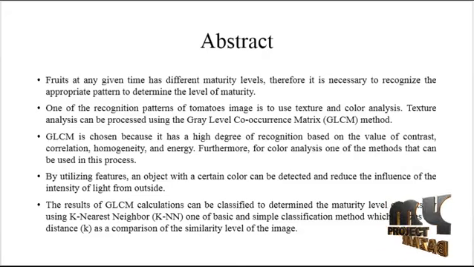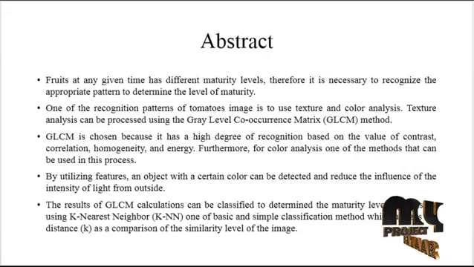The result of the GLCM calculations can be classified to determine the maturity level of fruits, whether the fruit has good quality or bad quality, whatever the fruit's quality may be. Hence, we have to detect the features by using the GLCM method.